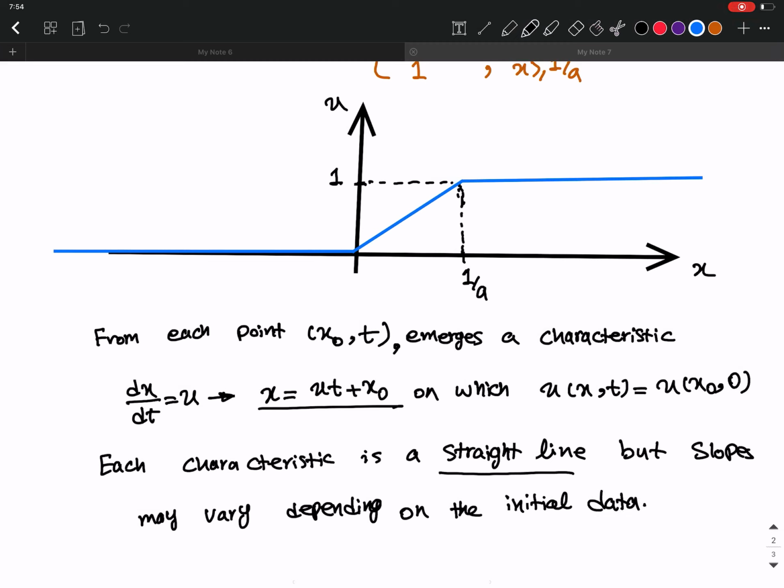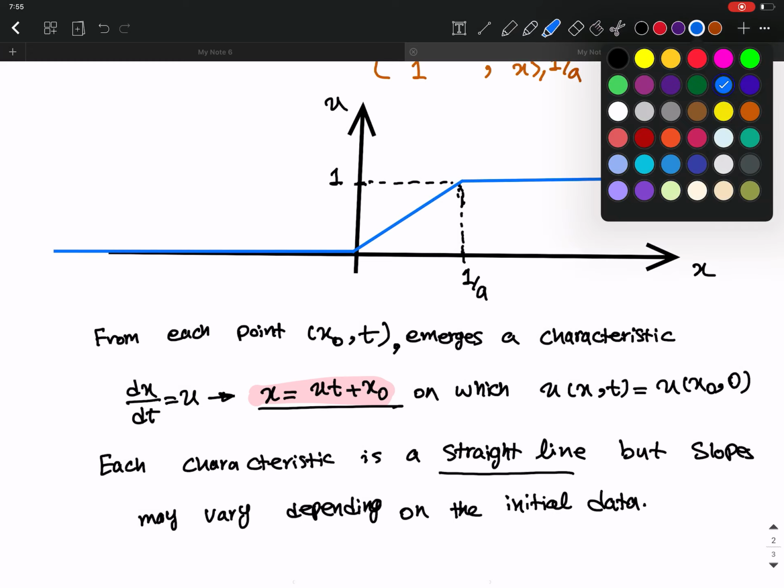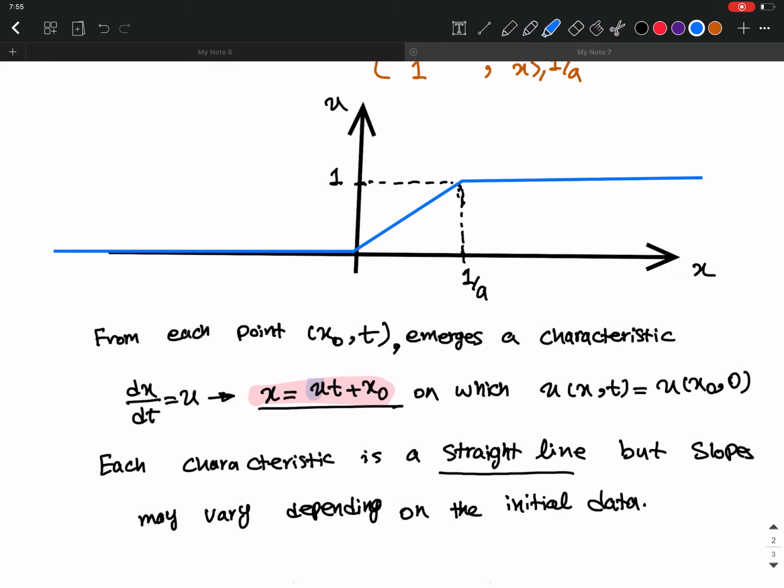So each characteristic is a straight line, as you see here. This is my characteristic, but its slope may vary depending on the initial data. So the slope here is what? It is u, right? The slope of this line depends on the initial data, and the initial data is u(x0,0). So this slope might vary.